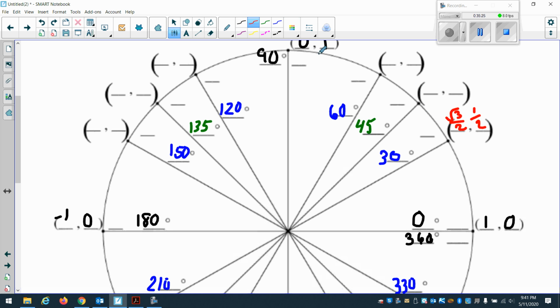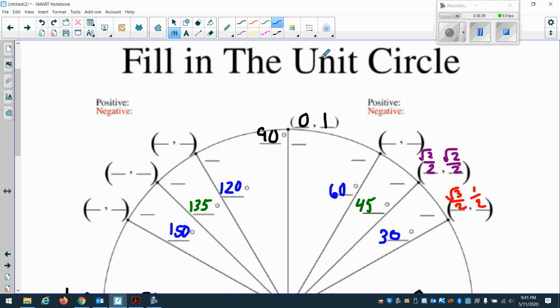Okay, 45 degrees is root 2 over 2, root 2 over 2. Then 60 degrees is 1/2 and root 3 over 2. Okay, so this first quadrant we should know.